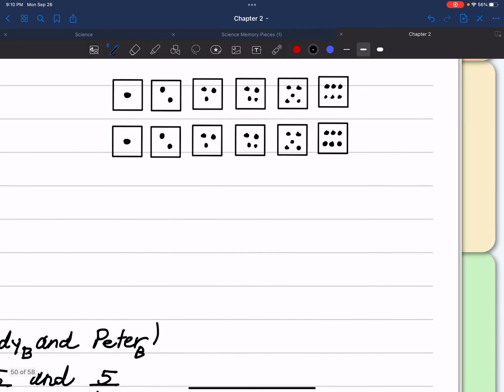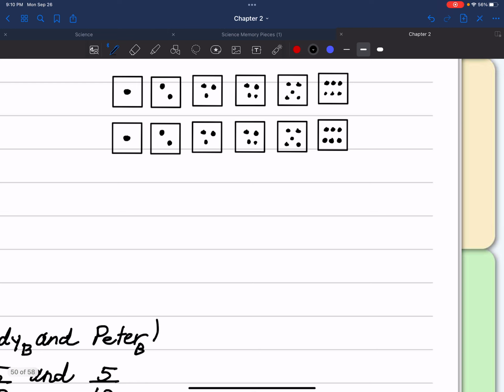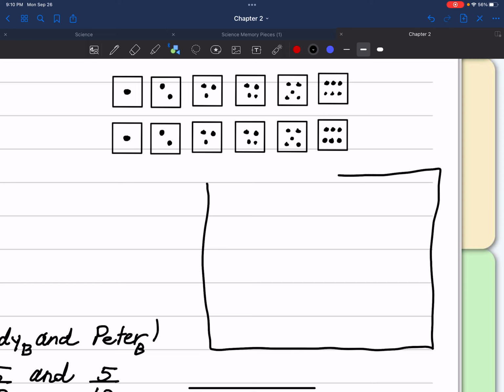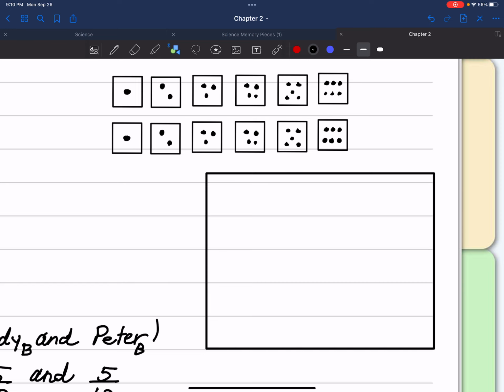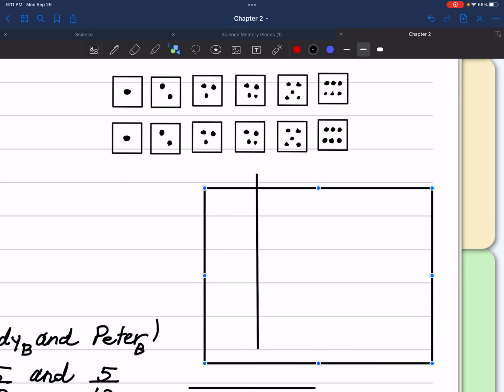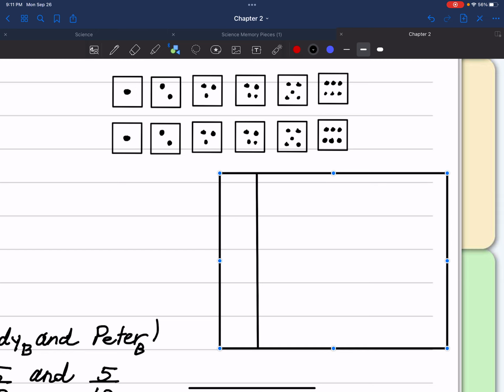So this is where this one gets to be a little bit long. And I think I'm going to draw a table just to organize myself, because this is going to get to be quite lengthy.